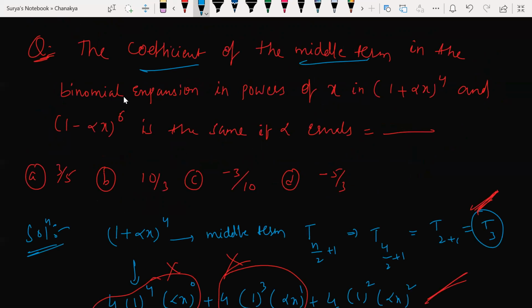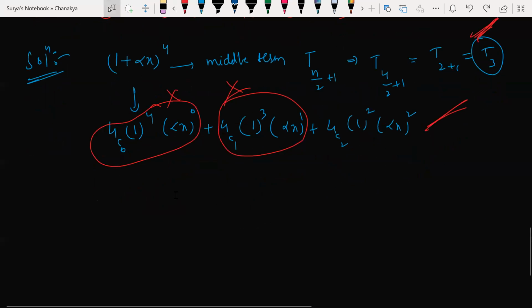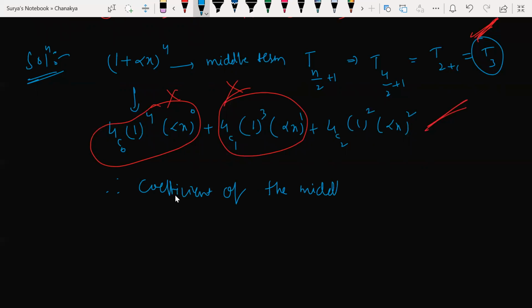Therefore the coefficient of the middle term is 4C2 alpha square into x square.